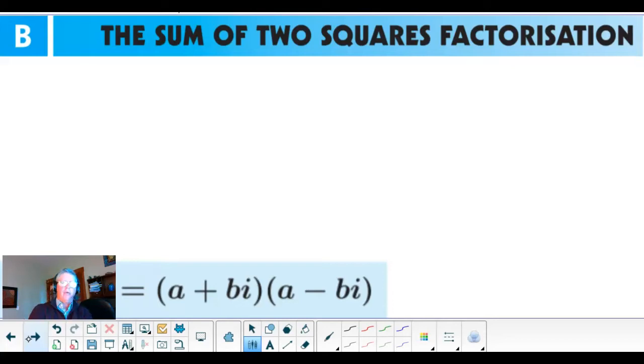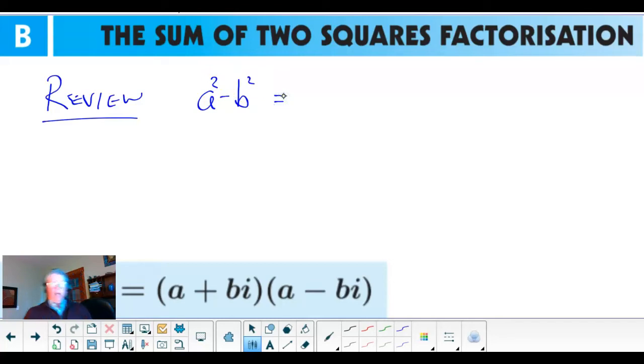So the sum of two squares. All right, well, kind of a review, and to even know why I would talk about this: what if we had a squared minus b squared? This is something that needs to be automatic. It's probably not automatic after 7 months, but you need to know that that has to be factored.